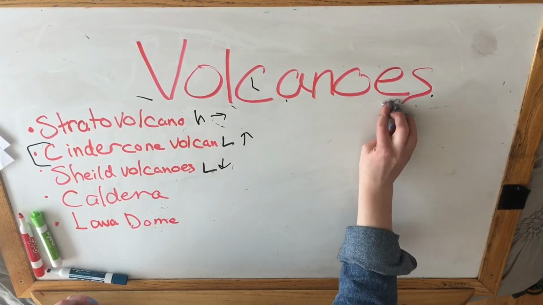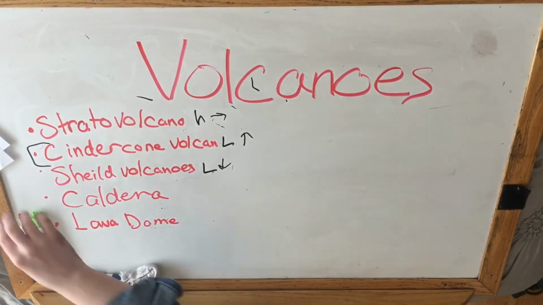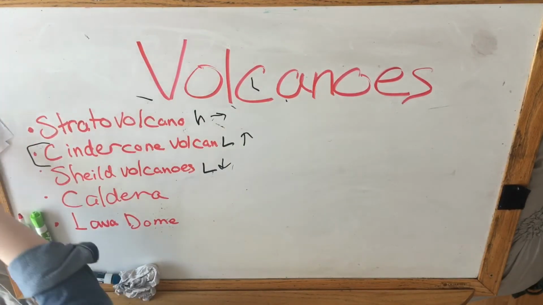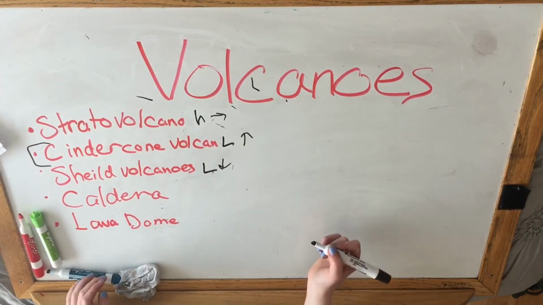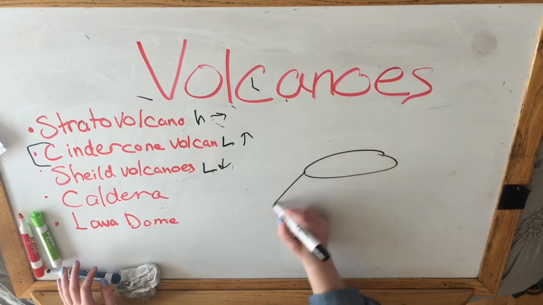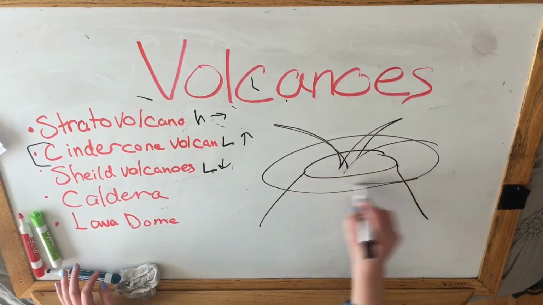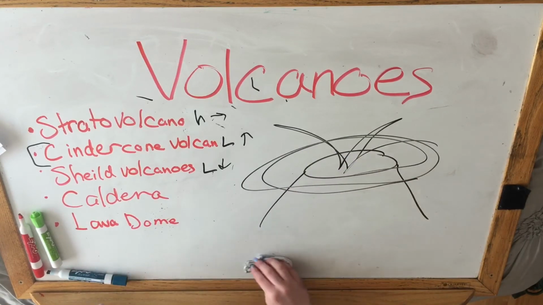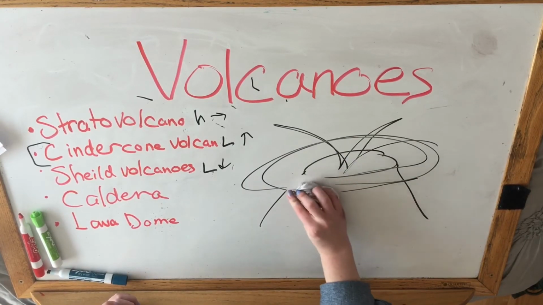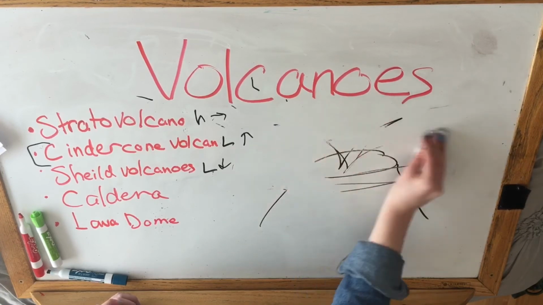Caldera, if I am correct, does not actually explode. So a caldera, let's say you have your cinder cone right here, and this cinder cone explodes, and this whole loose rock part, because it's made up of scoria, loose rocks, breaks off.